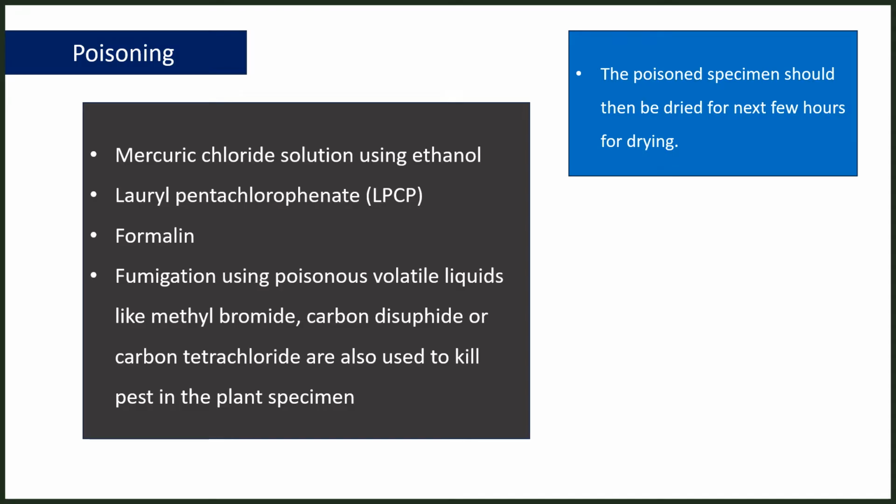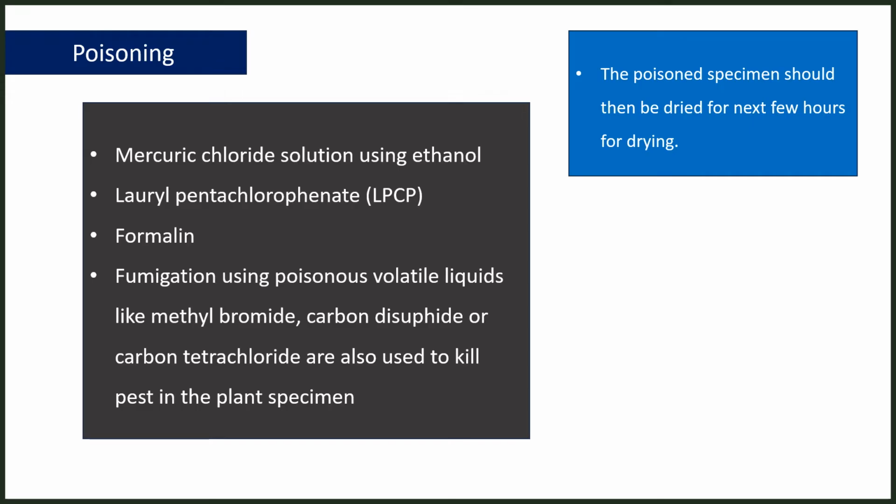But the most common you will find in many herbarium units is the mercury chloride. You can make a solution of mercury chloride using ethanol, 1 part of mercury chloride and 8 to 9 parts of ethanol. Use a tub, and then dip the dried plant specimen for at least 1 or 2 minutes, and then immediately remove and dry it out.